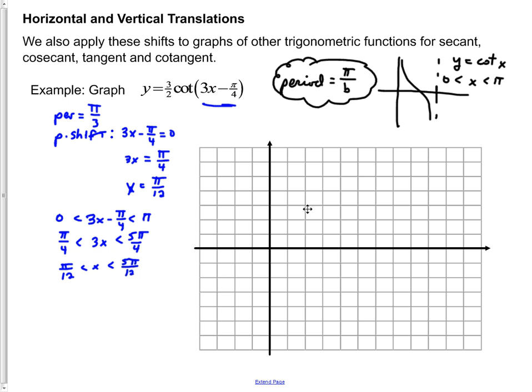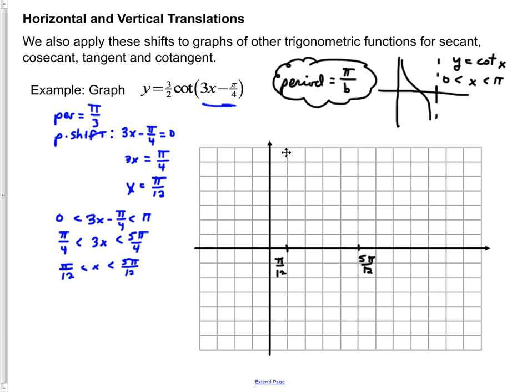All right. So if I'm graphing this on my function right here, let's make each of these marks about pi over 12 apart. So 1 pi over 12, 2, 3, 4. Here's 5 pi over 12. And what we're saying is that we have one full cycle from pi over 12 to 5 pi over 12.